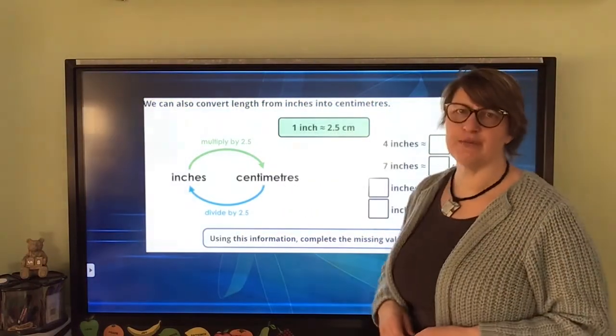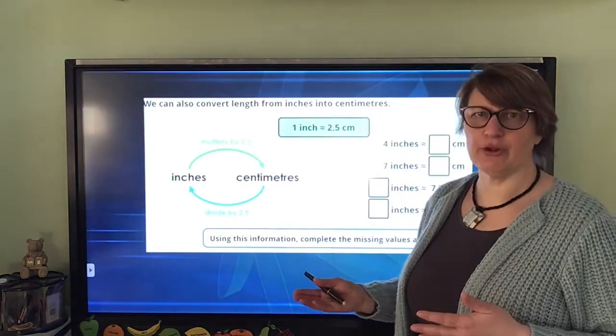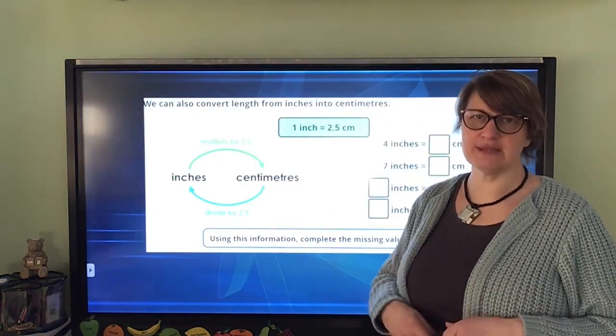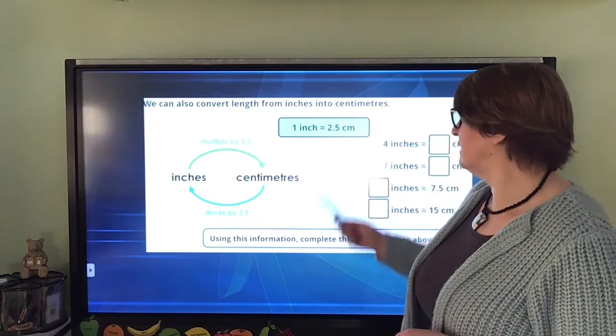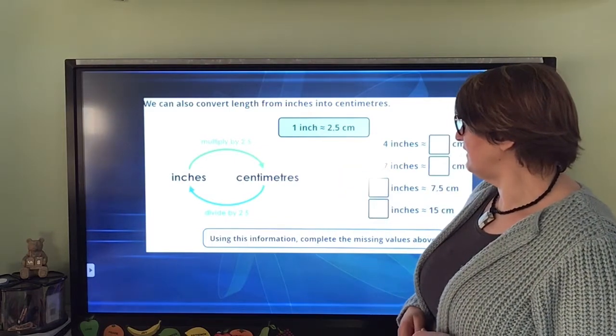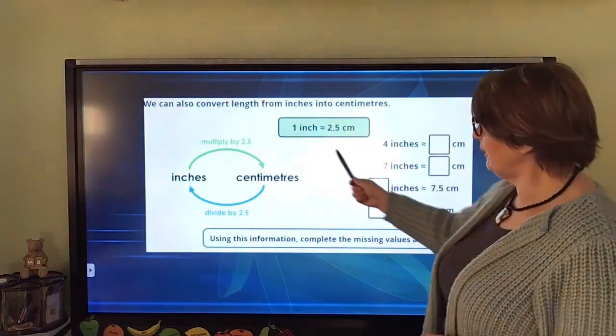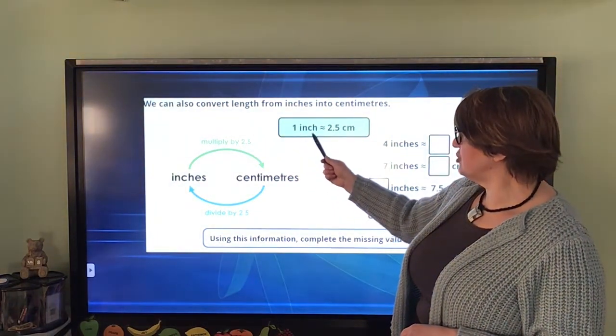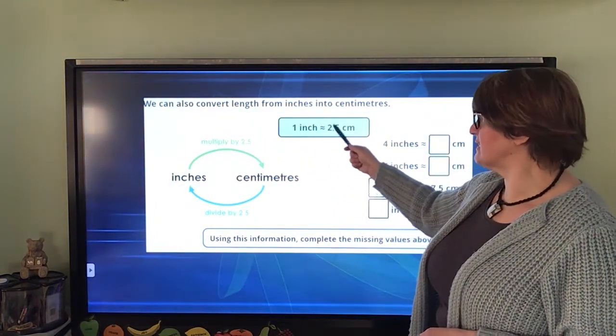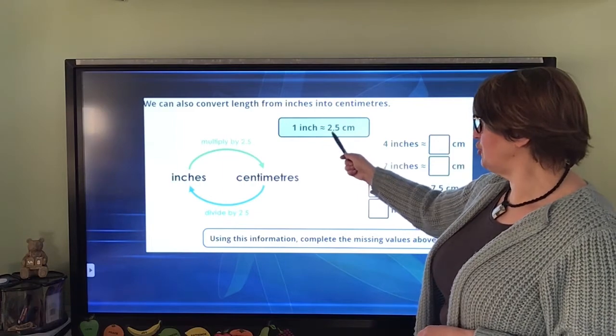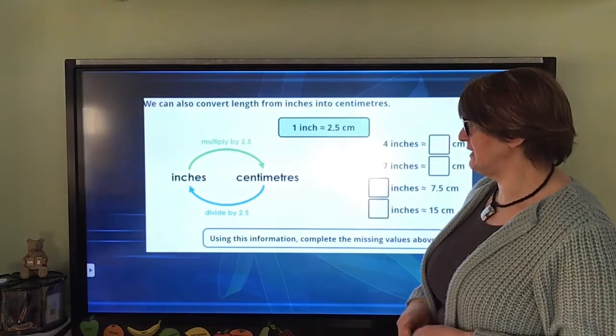But we can also convert between imperial and metric measures, something we regularly have to do these days. So have a look at this conversion. 1 inch is, remember this sign means approximately, 2.5 centimetres.